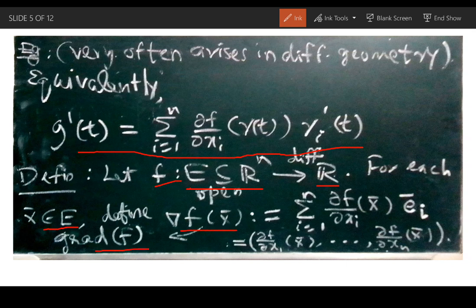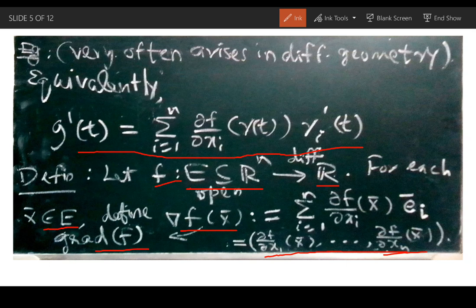Call it the gradient of f. So del f at x is equal to dou f by dou x1 at the point x, etc., dou f by dou xn at the point x. So this is the n tuple.